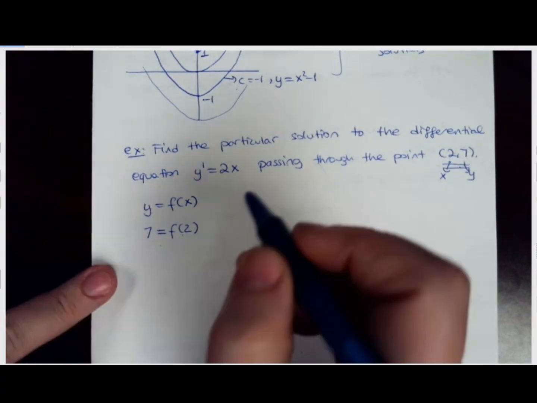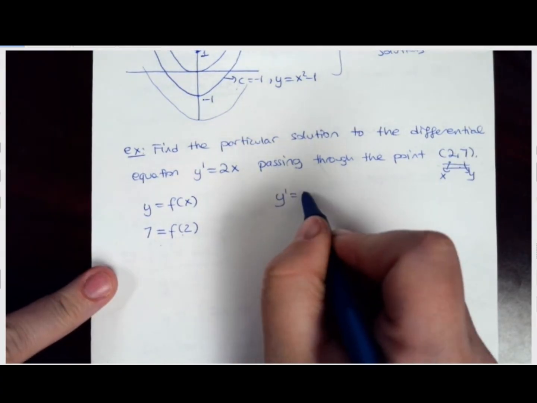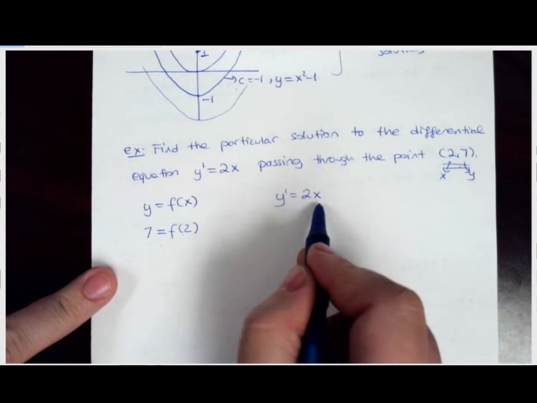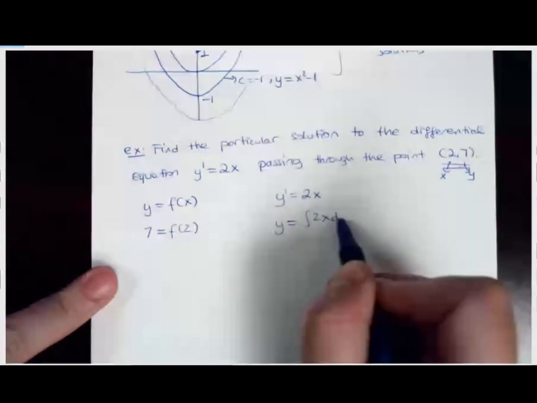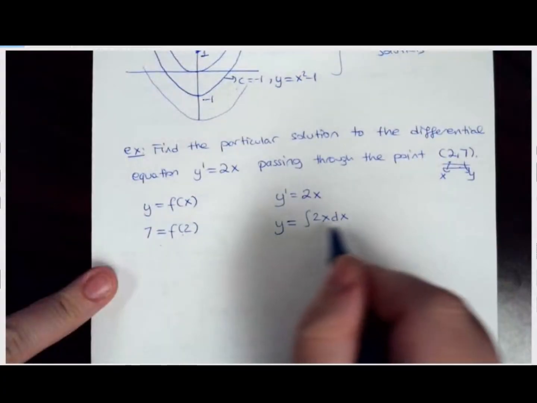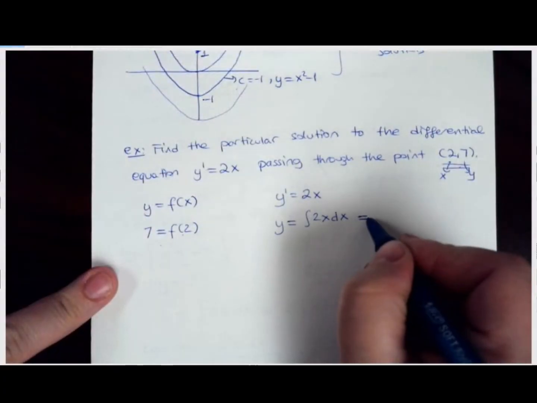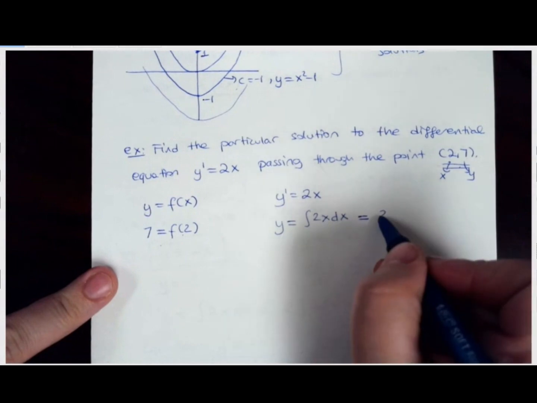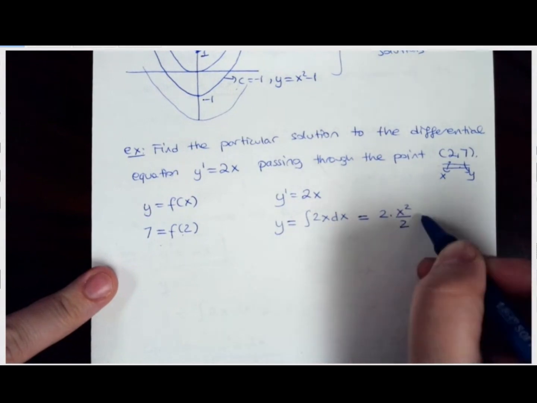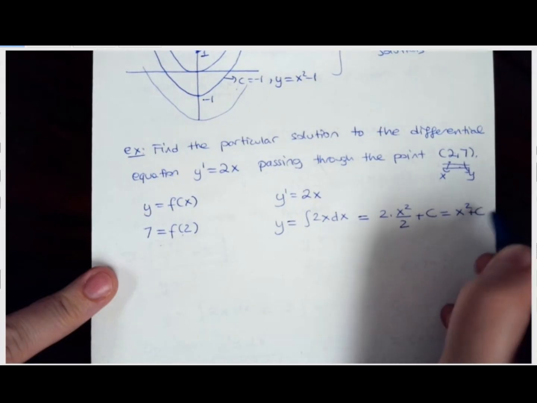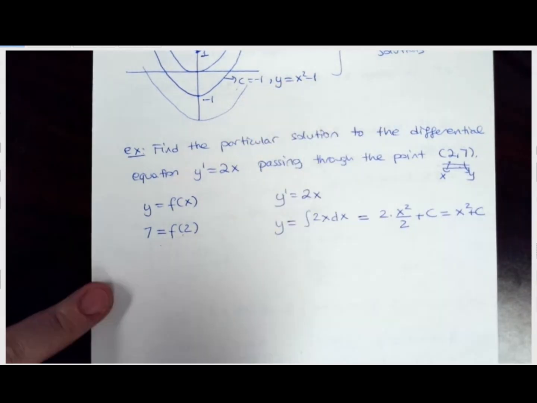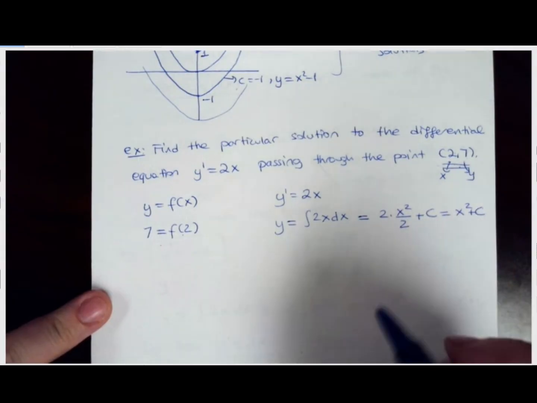We had already found that if the derivative is 2x, then the function would be its antiderivative, the indefinite integral, which is 2 times x squared over 2 plus c, which is x squared plus c. We had discussed this before. This is the general solution.